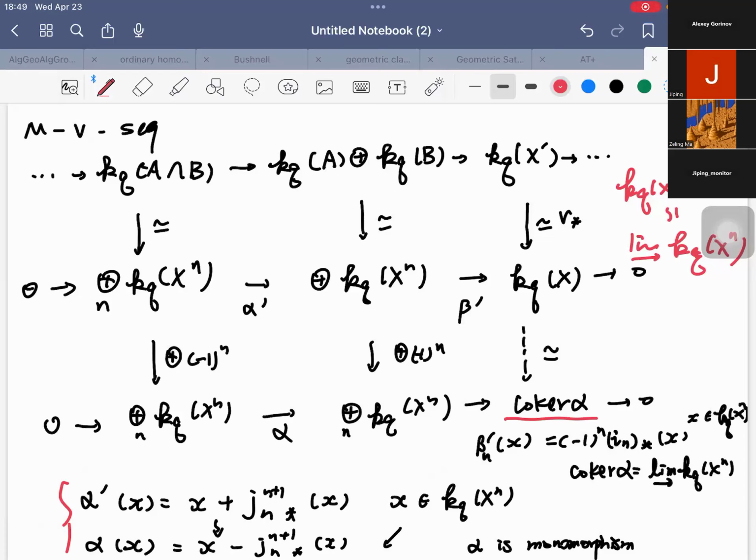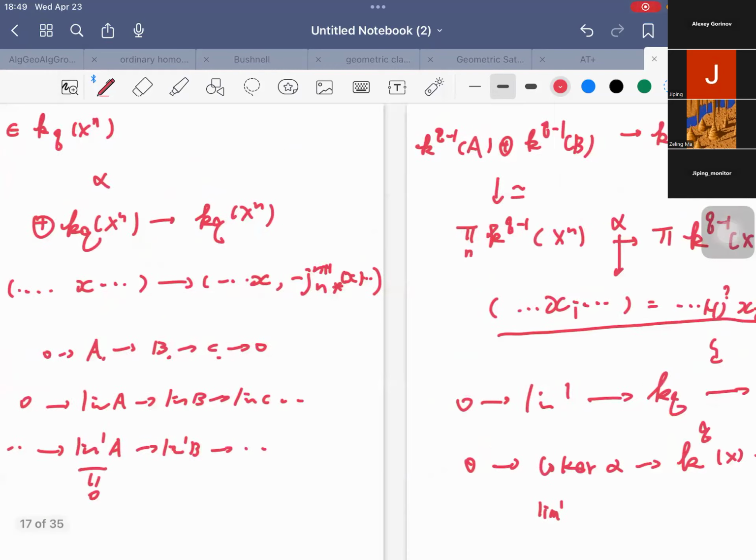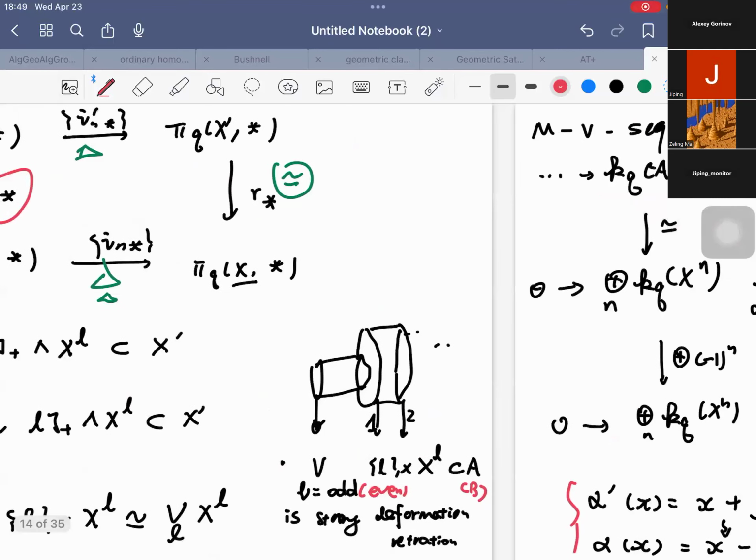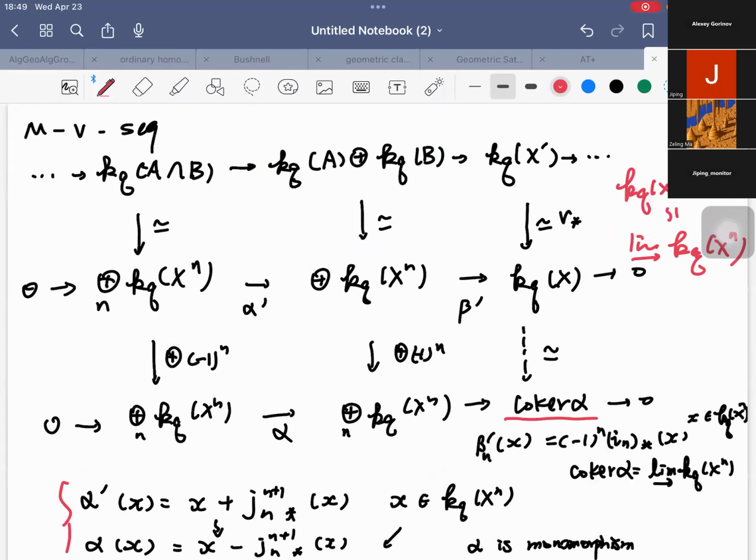So I need to prove the monomorphism of R. We stated on one of the previous pages something about the cohomology or homology of a CW complex and the cohomology of the skeleton. Do you remember?